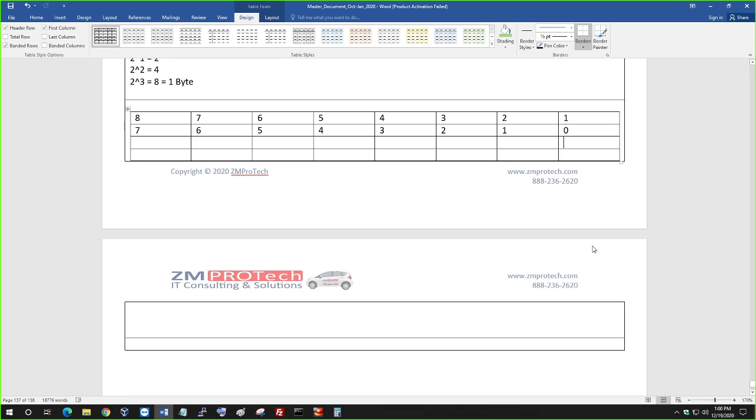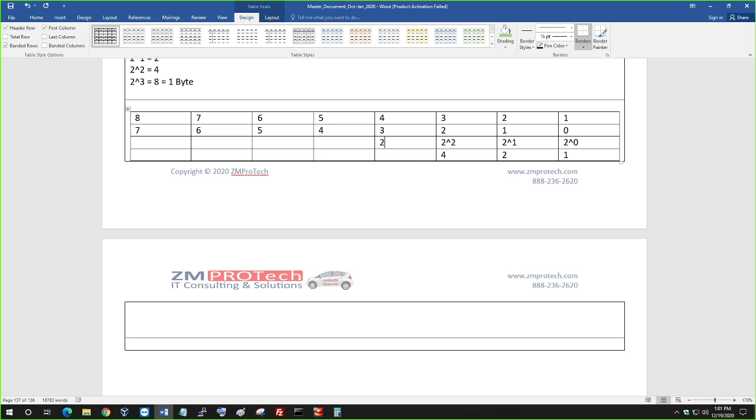If you do 2 to the power of 0, the answer will be 1. 2 to the power of 1, the answer will be 2. 2 to the power of 2, the answer will be 4, and so on.